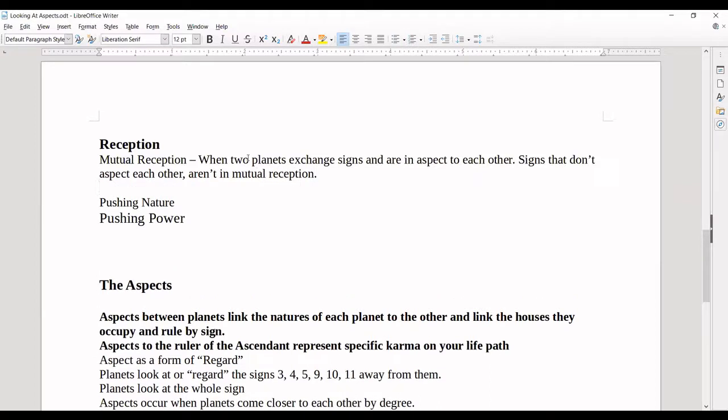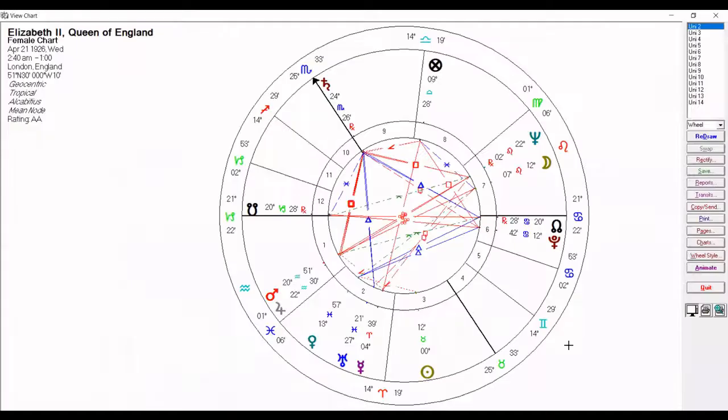I'm going to pull up Queen Elizabeth's chart and show you. What I'm talking about is this beautiful reception here. Saturn is in Scorpio. Scorpio is ruled by Mars. Mars is in Aquarius. Aquarius is ruled by Saturn.